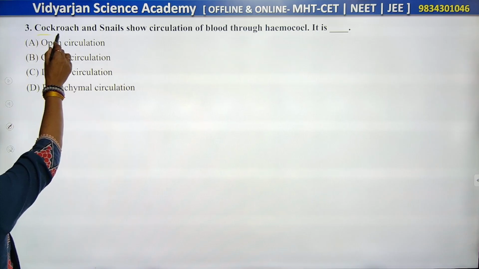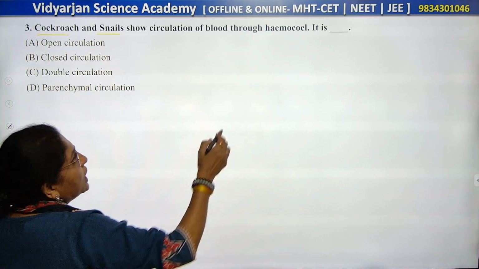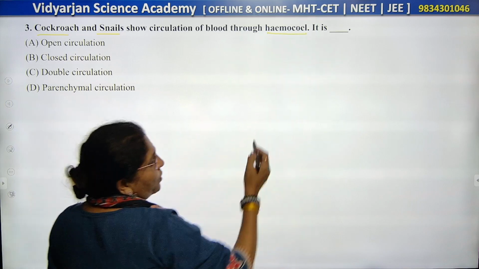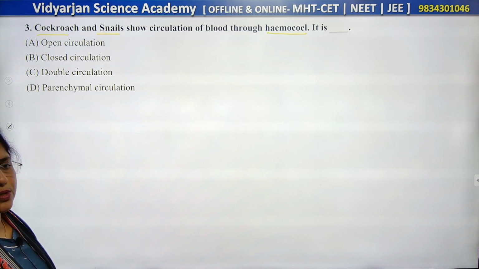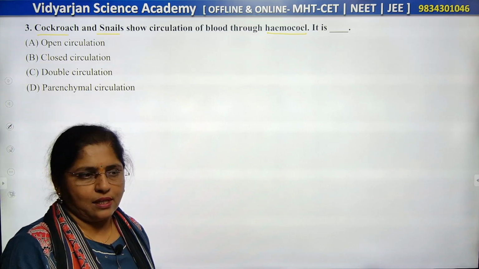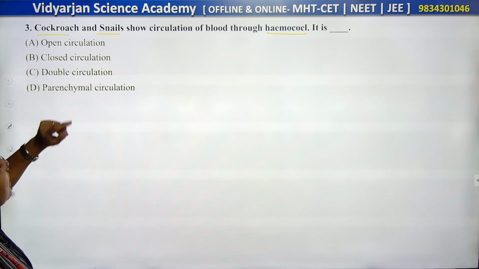Cockroach and snails show circulation of the blood through the hemocoel. You know that hemocoel is the body cavity present in the cockroach, or in non-chordates also. Got it? So we have got a very important thing here.